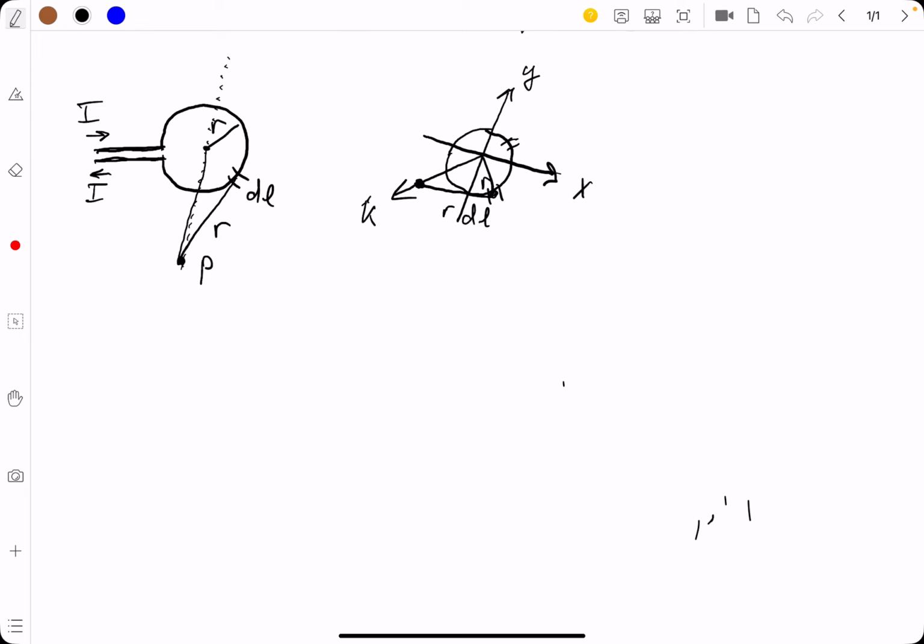So that means that dB is pointing in this direction. And then there's some theta here between k hat and dB.